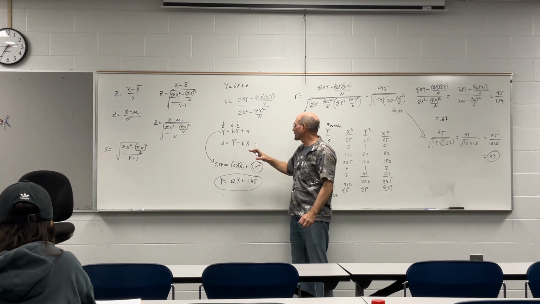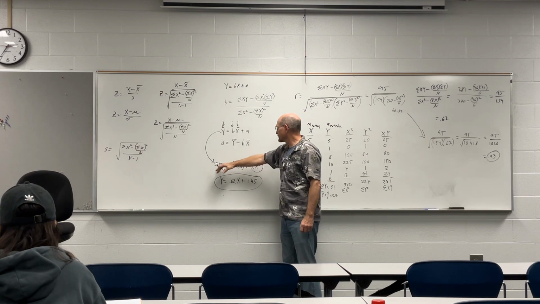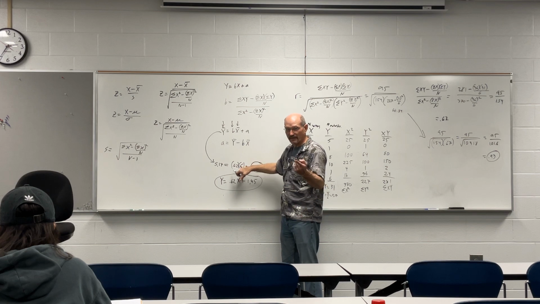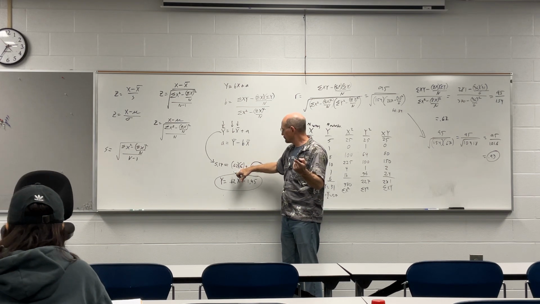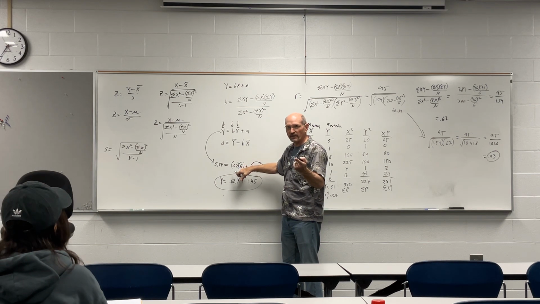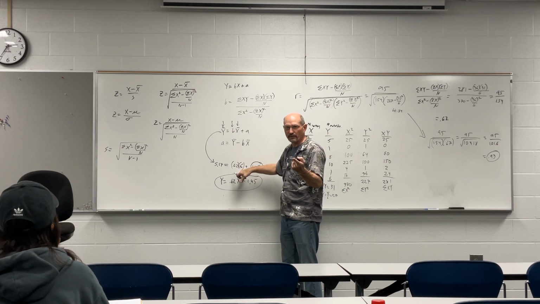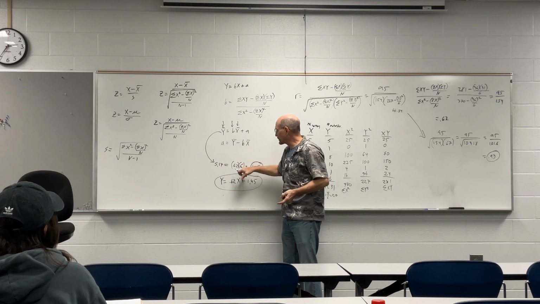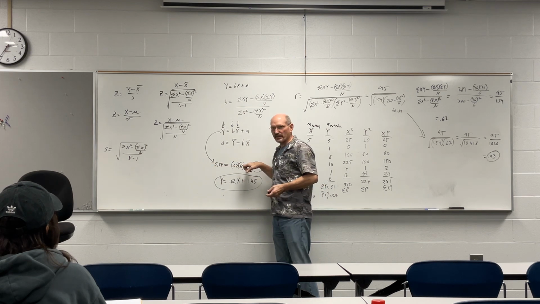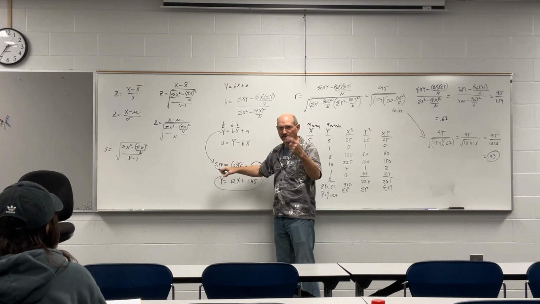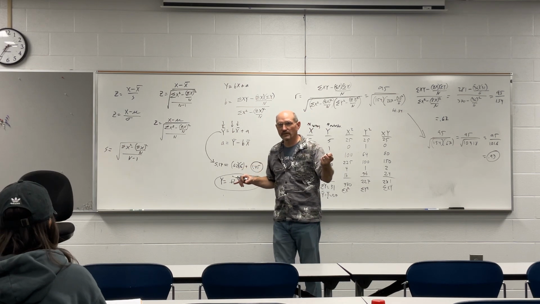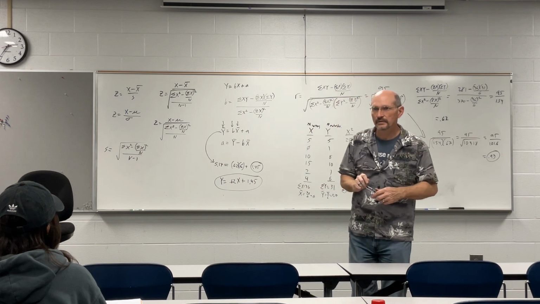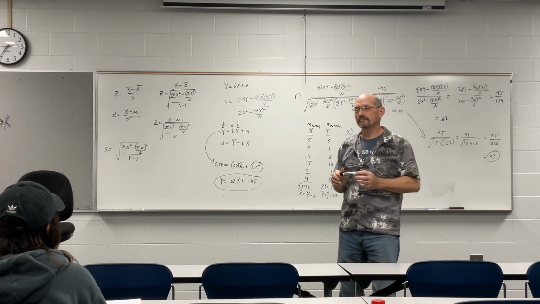Take the 0.62 times 6 and get a value: 3.72, so about 3.7. Take that 3.7 and subtract it from both sides, so 5.17 minus 3.7 gives you the 1.45. That's moving around algebraically.